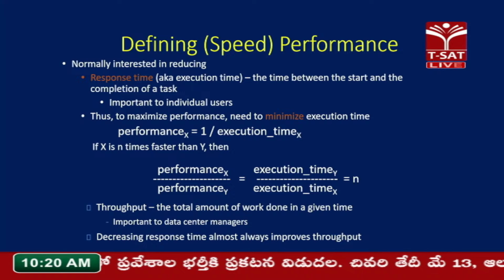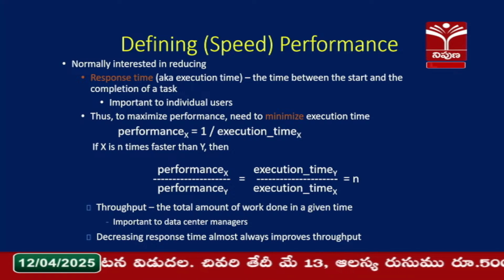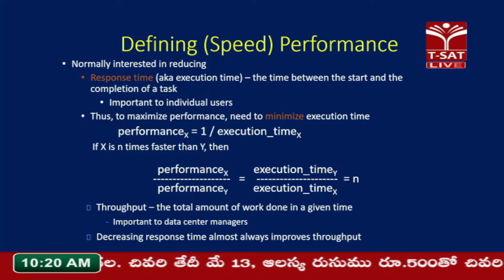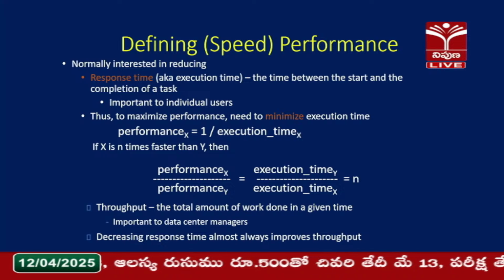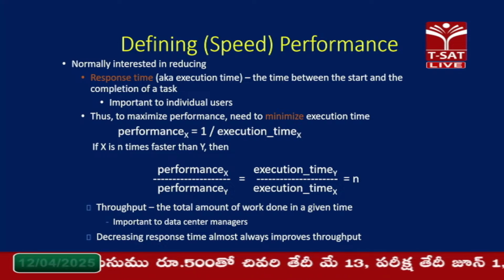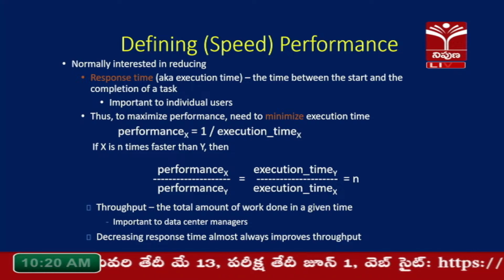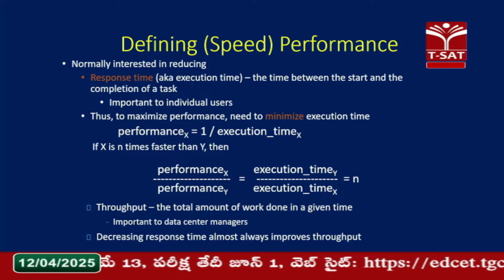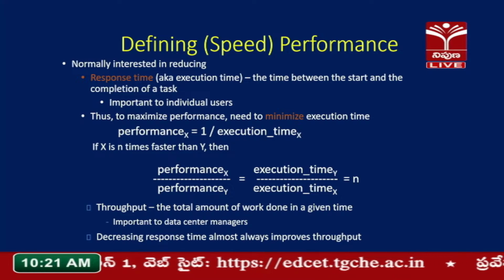And then we have something called throughput. Throughput is defined as the work done in a given amount of time. Throughput is very important for any kind of data center, because once you launch a job or a program into the data center, the data center has to have a large throughput.